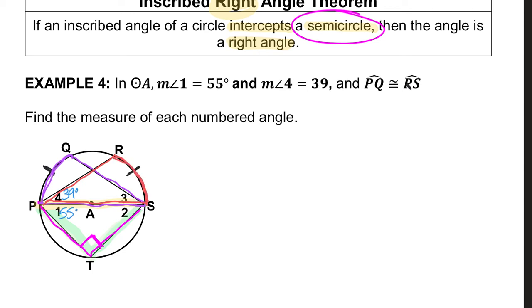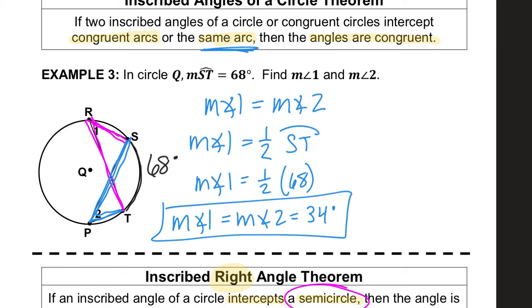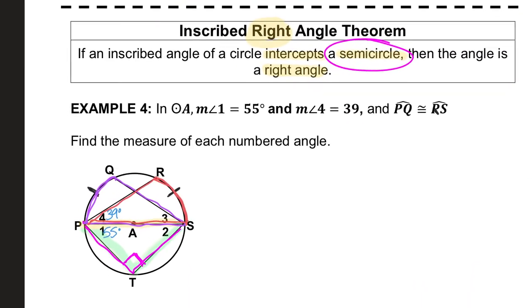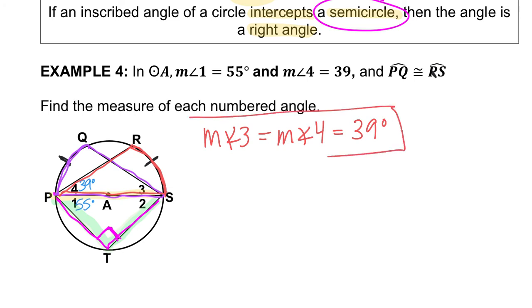That's its intercepted arc. Well, as it said before, when we have the same arc or congruent arcs, they both open up to congruent arcs, so the measurement of angle 3 is equal to the measurement of angle 4, which was that 39 degrees.